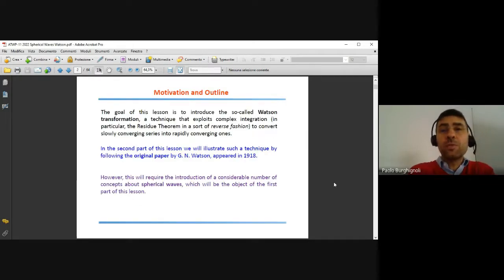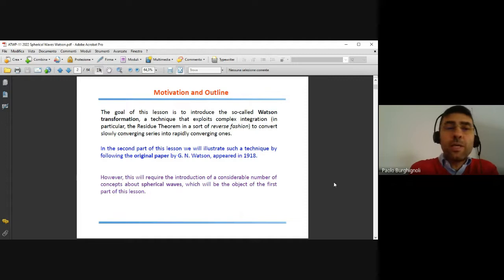The motivation is that I would like to introduce the so-called Watson transformation, a technique in electromagnetics that exploits complex integration. In particular, it is a sort of reverse residue theorem because it converts a series into an integral, and it's able, as we will see, to convert a slowly convergent series into a rapidly converging one.